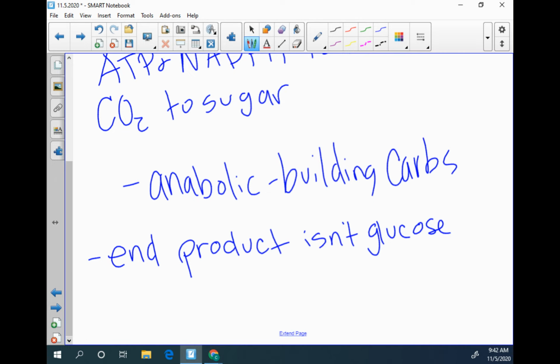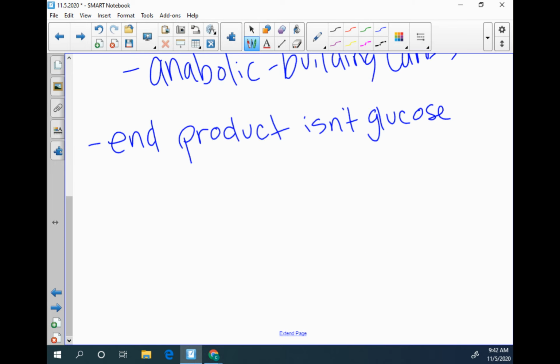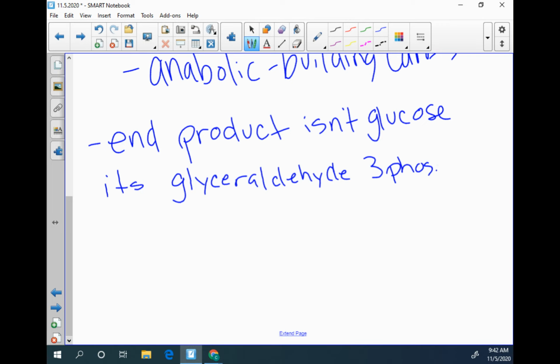The end product is glyceraldehyde 3-phosphate, or G3P.